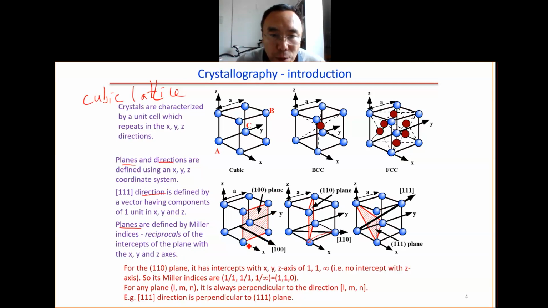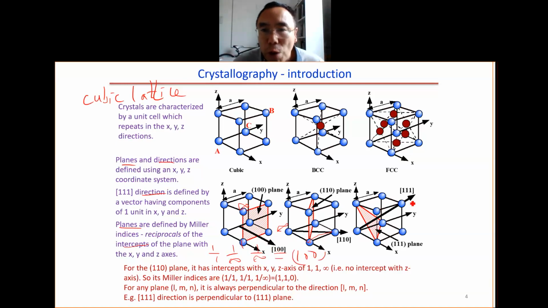It intersects x at 1, is parallel to the y-axis so the intersection is infinity, and is also parallel to the z-axis, so that intercept is also infinity. Then we have 1 over 1, 1 over infinity, 1 over infinity, which equals the 1, 0, 0 plane.